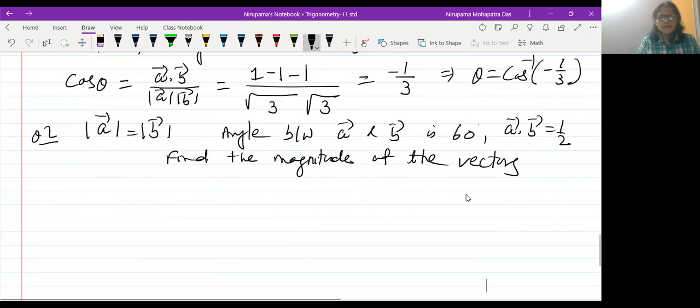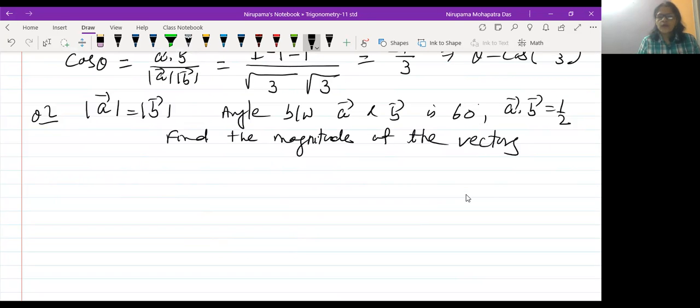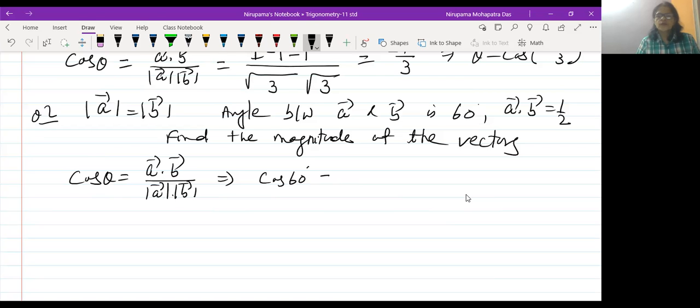So this is a very simple question. We are given theta equal to 60 degrees. So cos theta is A dot B divided by magnitude of A into magnitude of B. Cos 60 degrees is equal to A dot B, 1 by 2. Now the magnitudes of A and B are equal, so you can take the square of the magnitude.